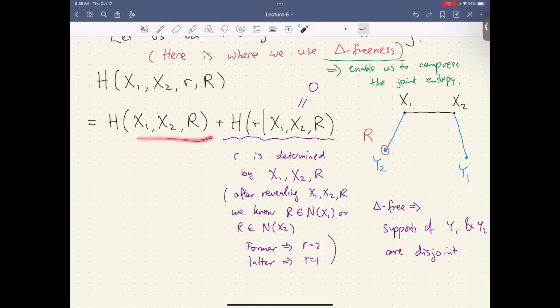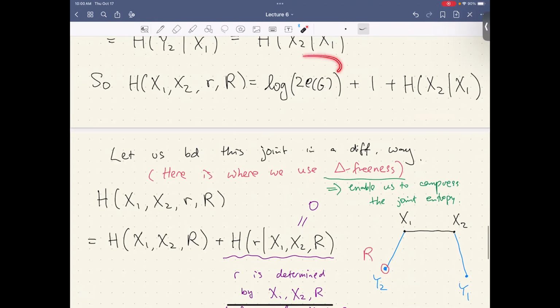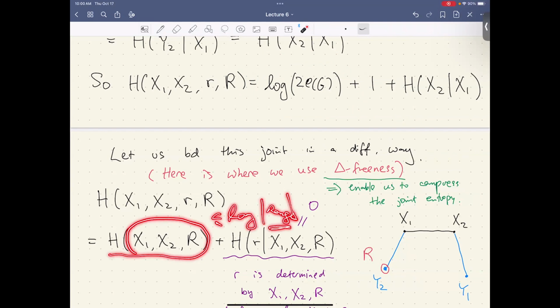To bound this guy, we're going to give an upper bound. Because we want an upper bound on the number of edges, what's the simplest way to give an upper bound? We know the entropy of a random variable is at most the log of its range. So we just need to estimate the range of this joint random variable.